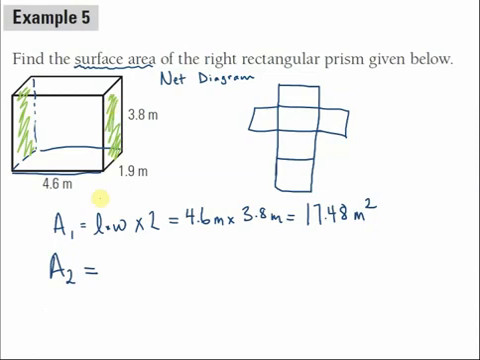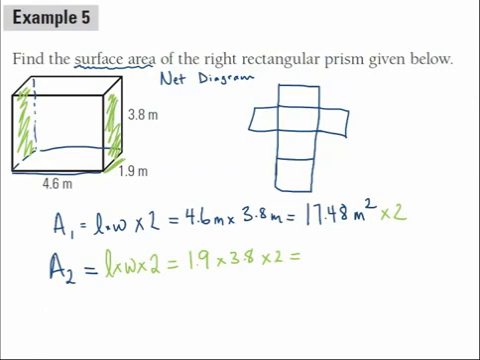The shape of which is a rectangle, so it's going to be length times width. And because I have two identical sides, times it by 2. Whoops, I forgot to times that one by 2. I'll have to double that up after. So this one has a length of 1.9 and a height or width of 3.8. And then I'll have to multiply that one by 2.